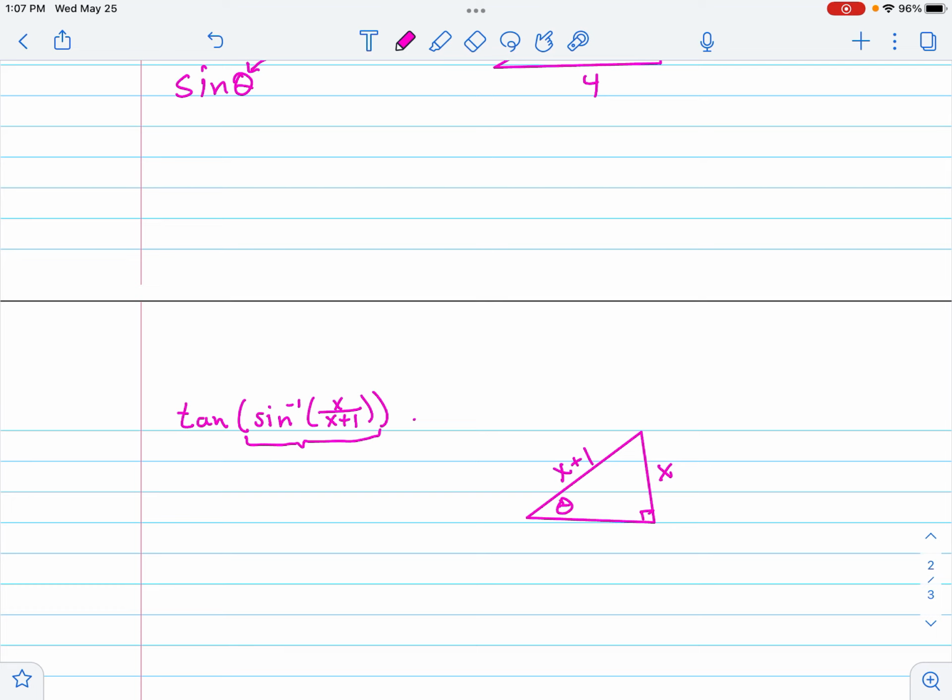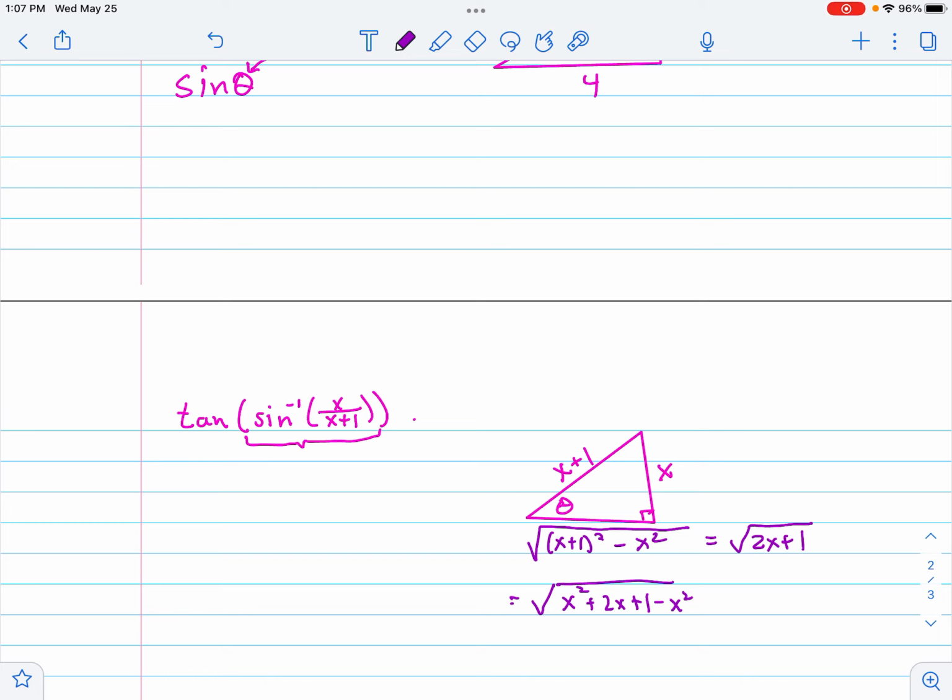Now, I use Pythagorean theorem to find this other part down here, which is the square root of (x plus 1) squared minus x squared. Let's go ahead and simplify that out a little bit. This would be x squared plus 2x plus 1 minus x squared. So this would be 2x plus 1.